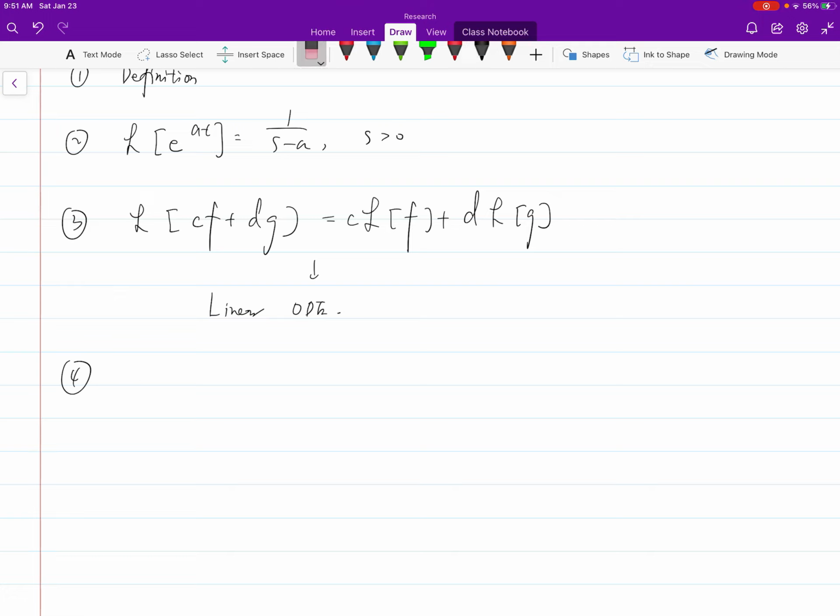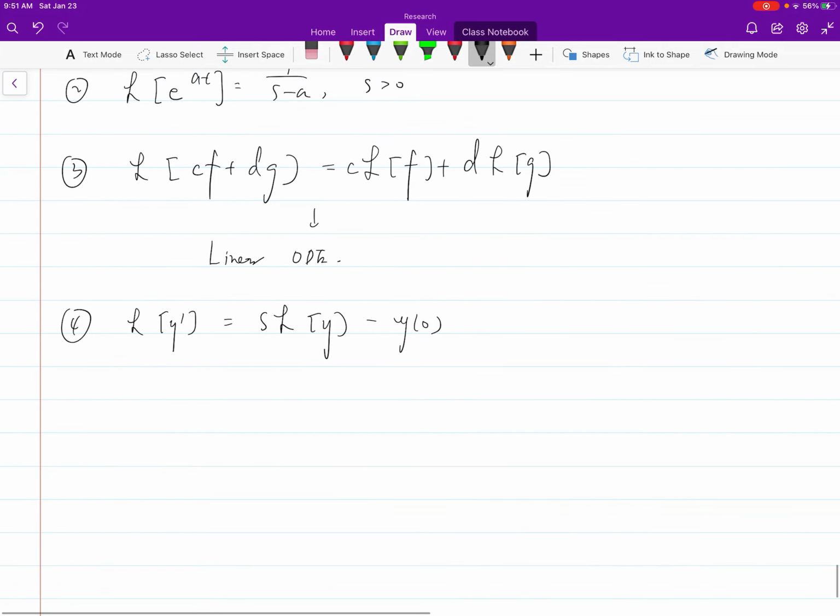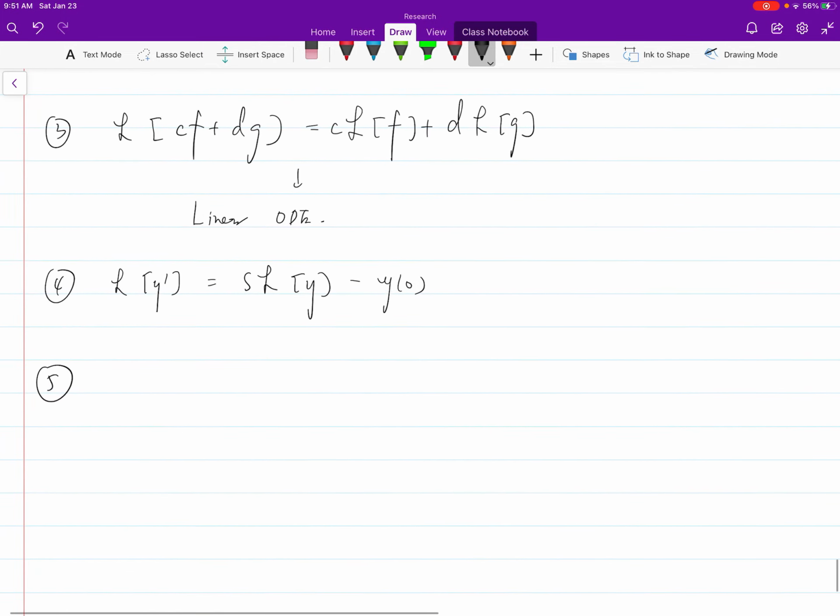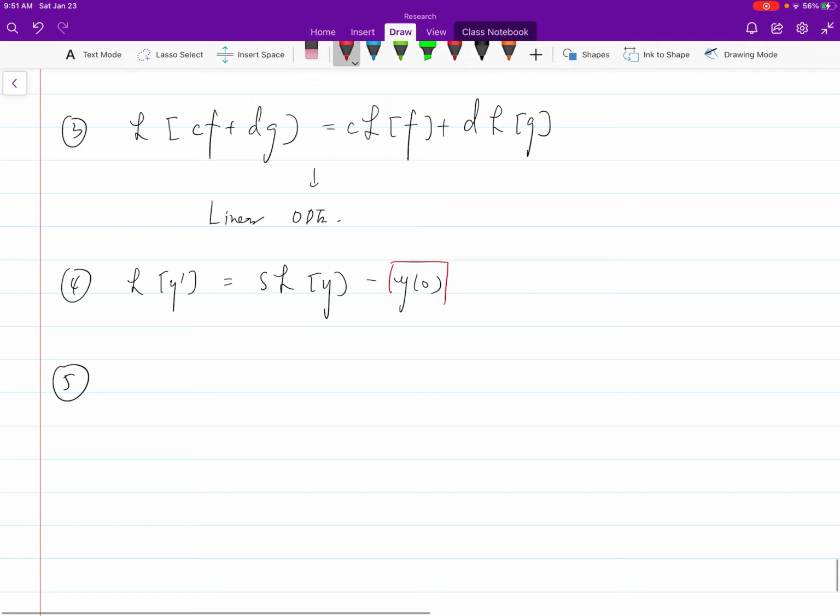Number 4, this very, very, very important property, which will get rid of the nightmare of your derivatives once and for all. And then, of course, because of this nice term here, you have to solve an initial value problem. You cannot use it to solve the general solution directly, unless you assume this one is going to be a general constant.